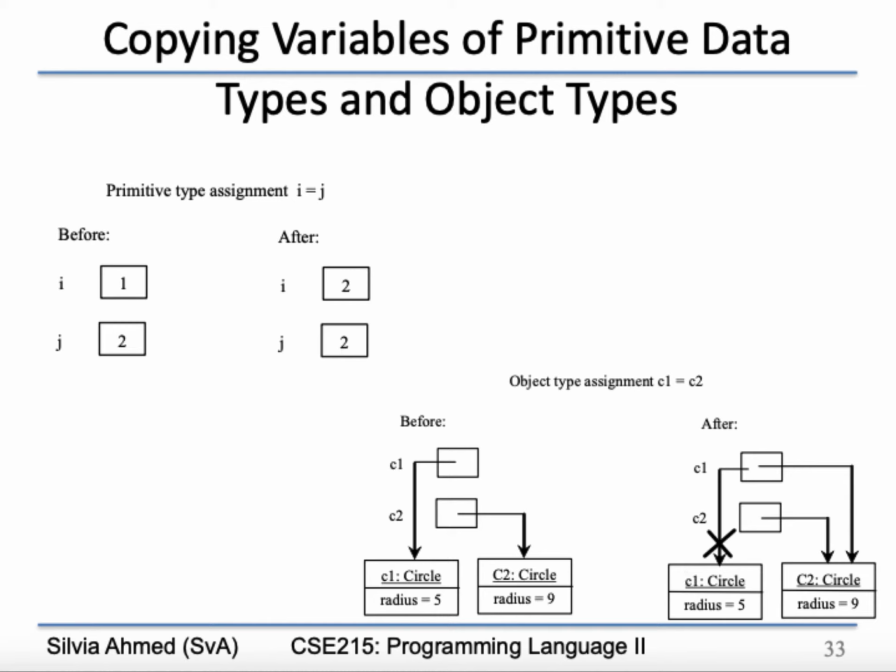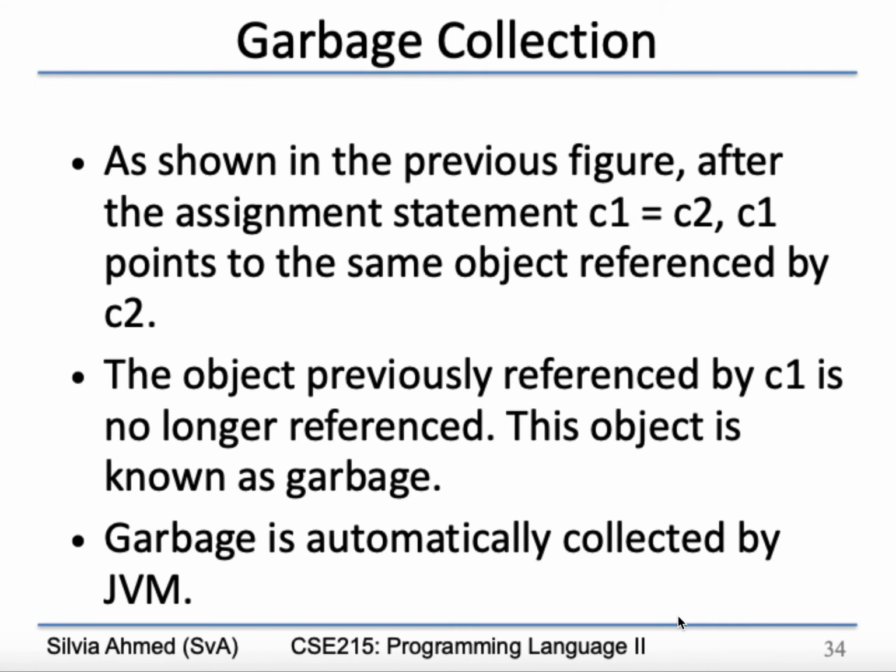So we have seen a basic feature of Java, which is automatic garbage collection. In the previous figure, after the assignment statement c1 equals c2, c1 now points to the same object referenced by c2, and the object that was previously referenced by c1 is no longer referenced.